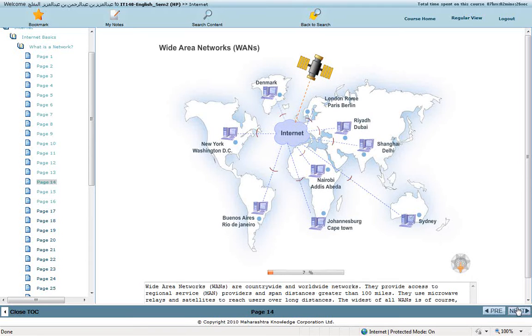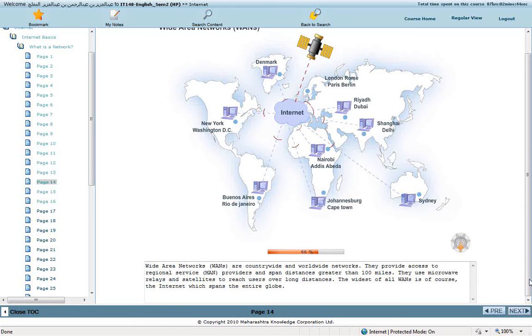Wide area networks. WANs are countrywide and worldwide networks. They provide access to regional service providers and span distances greater than 100 miles. They use microwave relays and satellites to reach users over long distances.